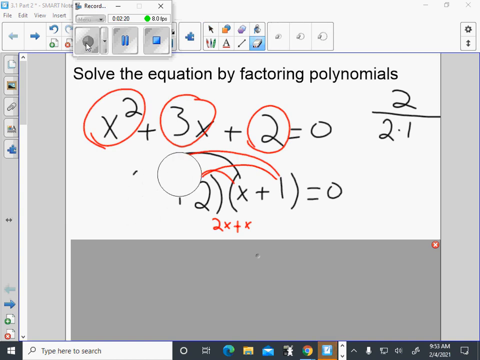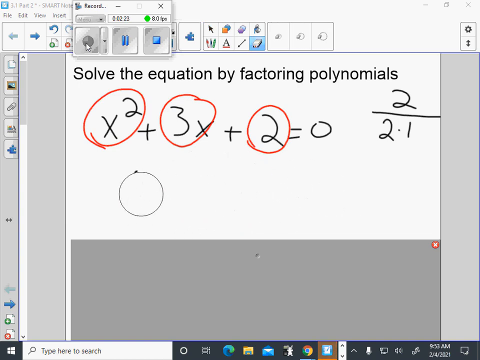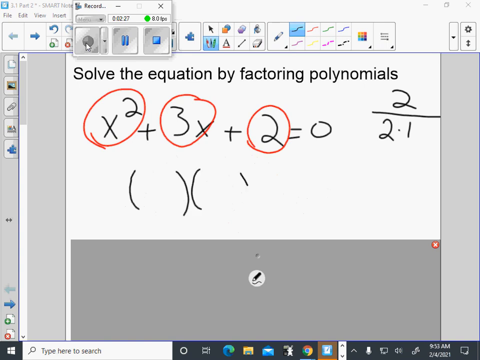Okay, so our final answer, we're going to get 2 parentheses. Right, we're going to have x and 2, x and 1. Okay, now it's a positive 2, so we need this to be a positive 2. It could either be a negative times a negative, right? Negative 2 times negative 1 would be positive 2, or a positive and a positive.